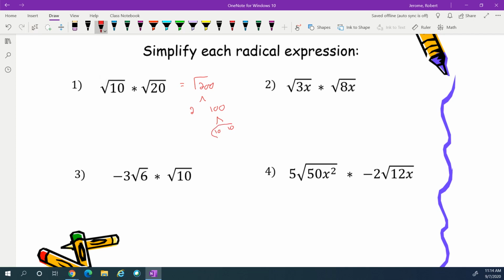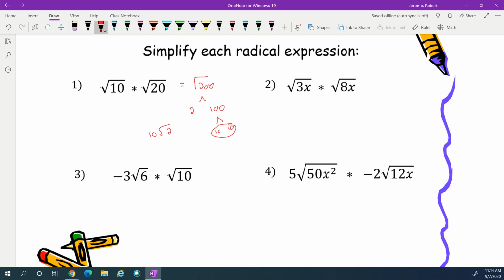So if I know that that's a pair, I don't have to go all the way to the prime factors. I could stop there. And I get 10 square root 2. We could have gone all the way to the prime factors. So you might want to try it that way. But ultimately, what we're looking for is pairs, 2 of a kind. And I found them right there, 2 10s. So I'm going to use it.